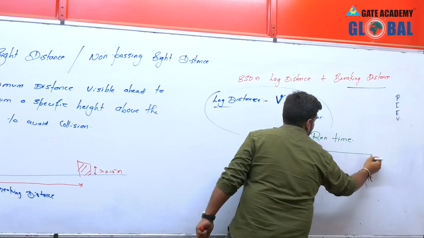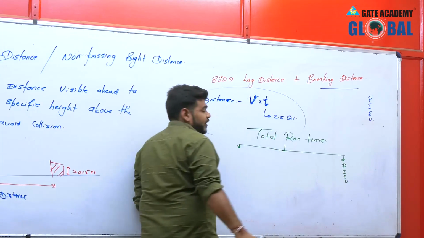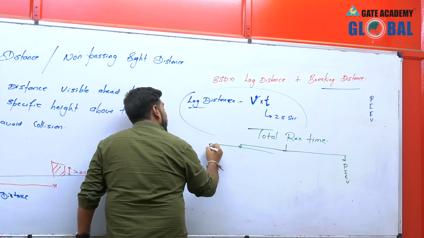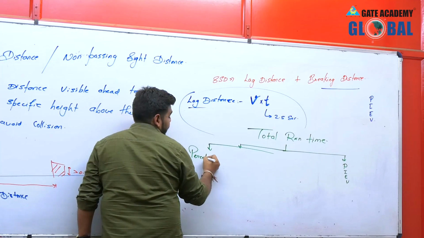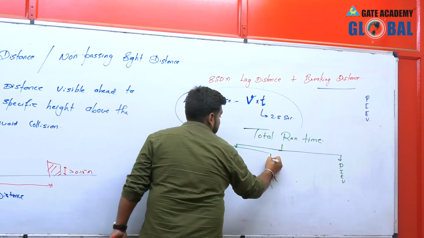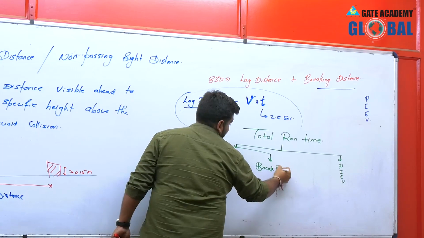First is the PIEV theory, where the total reaction time is divided into two portions. First is perception time, and second is brake reaction time.